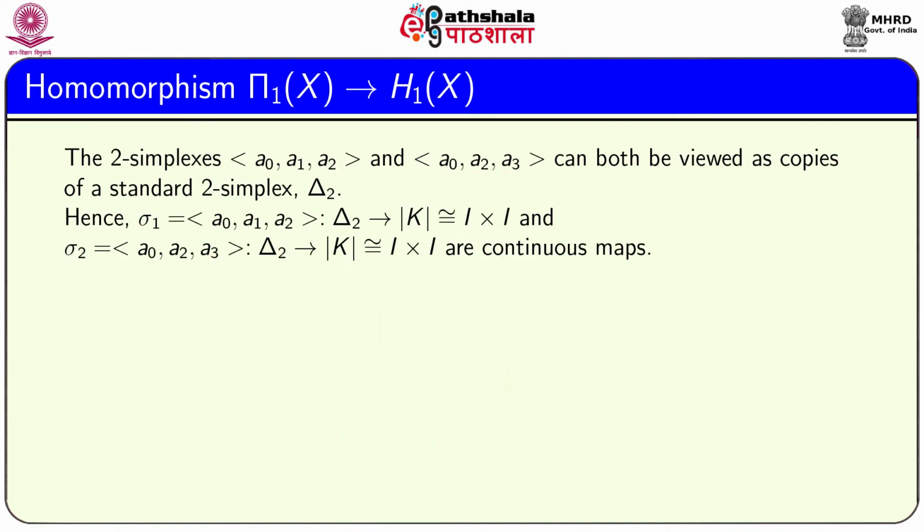The 2 simplexes A0 A1 A2 and A0 A2 A3 can both be viewed as copies of a standard 2 simplex delta 2.